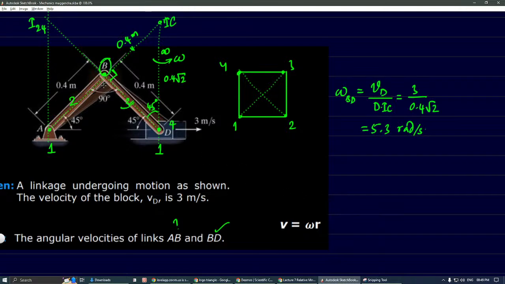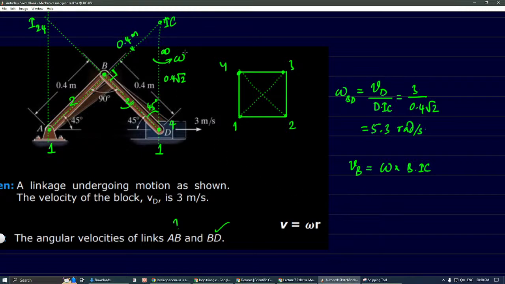So can we find velocity of B? Velocity of B will be equal to omega into this length. What is that length? BIC. Omega into this length will give us the velocity of B now.